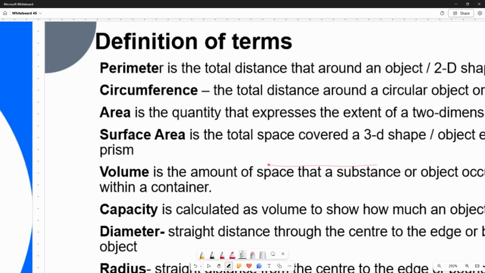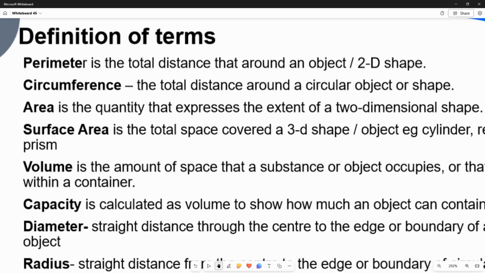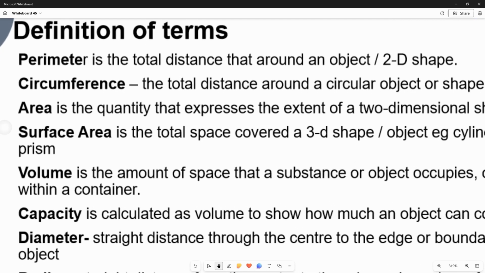For example, let's look at perimeter. What is perimeter? It is the total distance around an object.